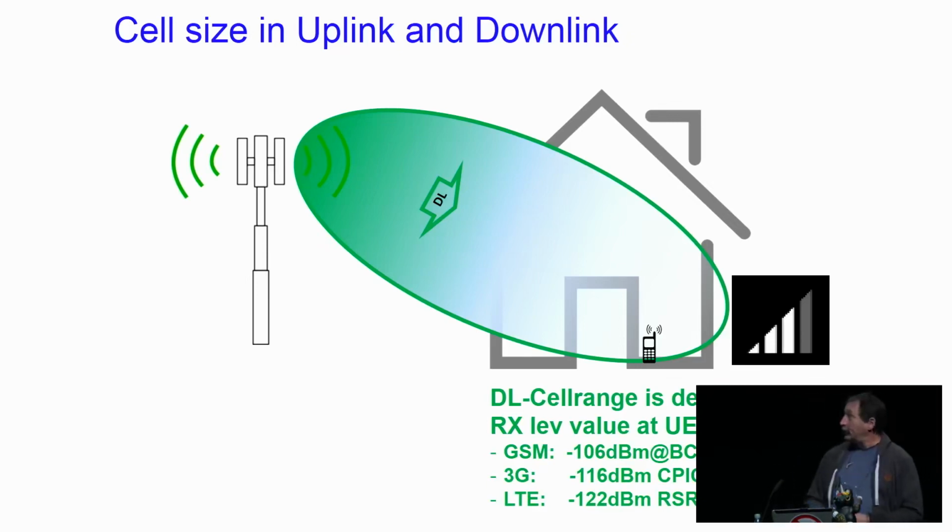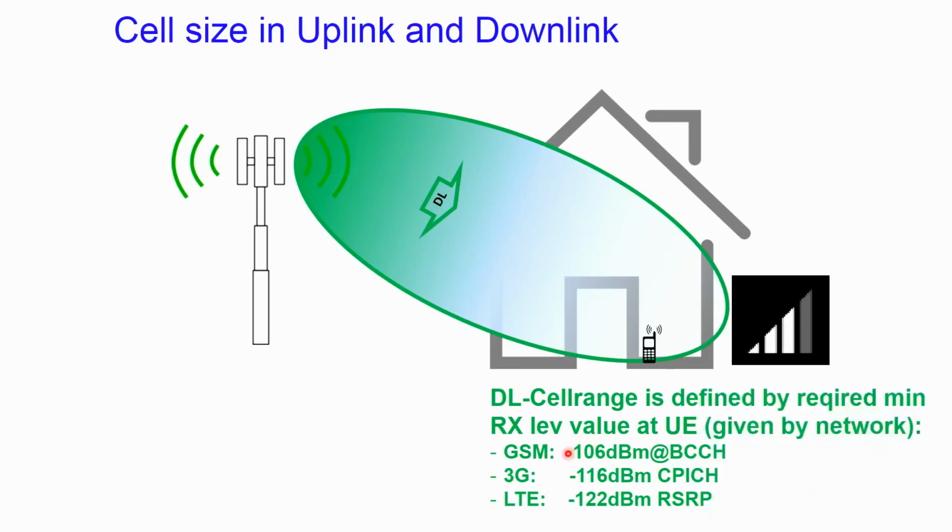The mobile cells tell the device that if the received signal is lower than a certain value, you see the values written here for different technologies, then please leave the cell. So this is basically the end of the downlink. This may also be earlier when the device doesn't have this sensitivity, or if nothing can be decoded anymore.